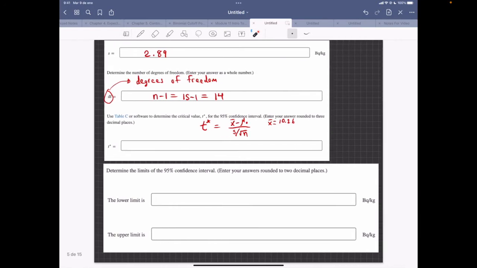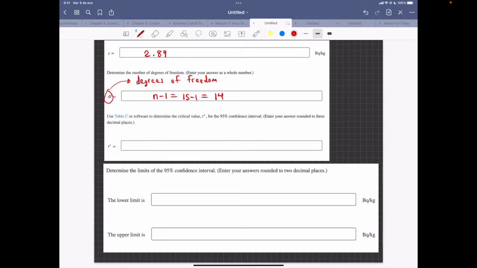No, I'm sorry. I'm doing everything wrong. This is not what we're looking for. I got confused. This t is the t from the test statistic for the hypothesis test. No, we're doing the confidence interval.